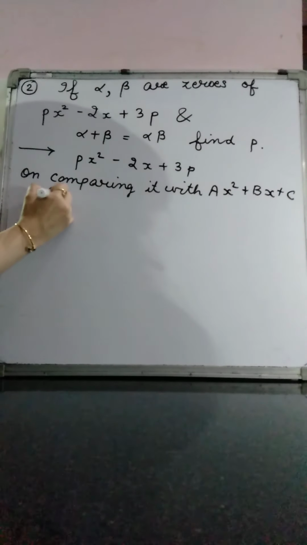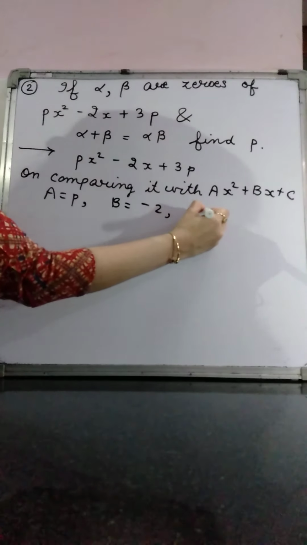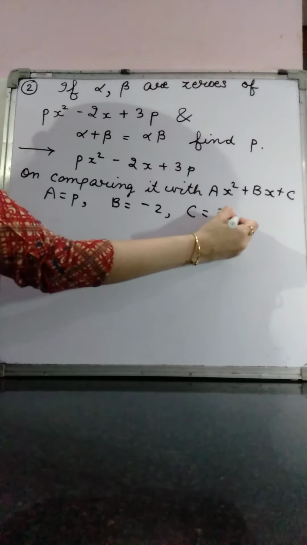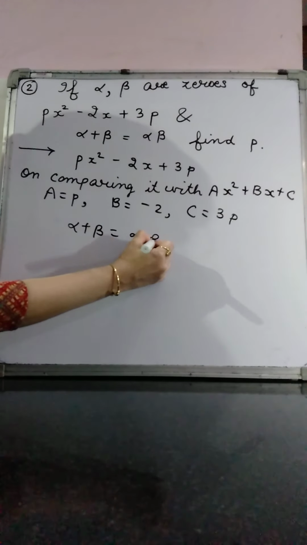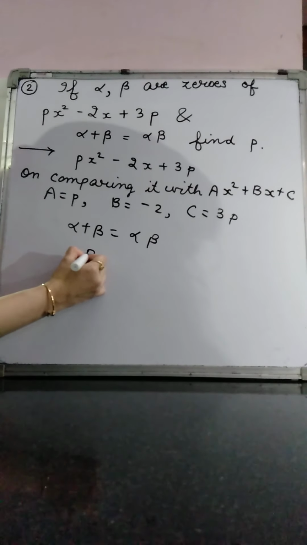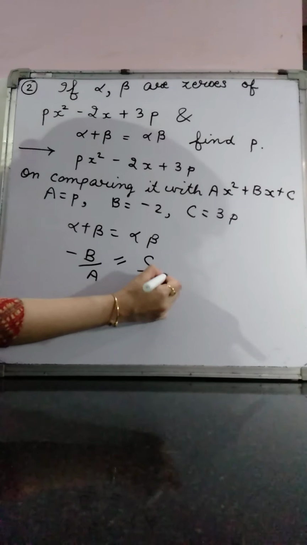The value of a is p, the value of b is minus 2 and the constant is 3p. The condition given is sum alpha plus beta is equal to the product. Apply the formula: alpha plus beta is minus b by a and the product is c by a.